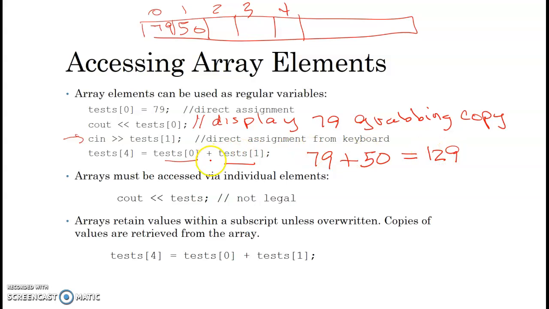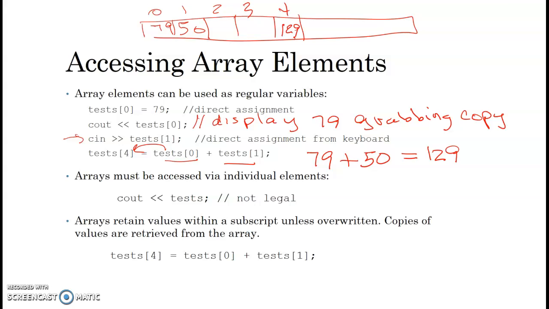And so it's going to then store it into the array at location 4, which is the 5th element in the array. So keep that in mind, that idea of that off by 1. So we can use it in the same way that we used our variables in all of our previous examples.